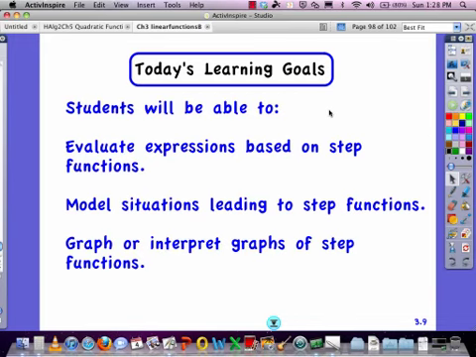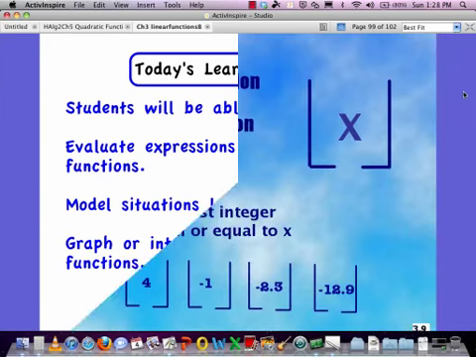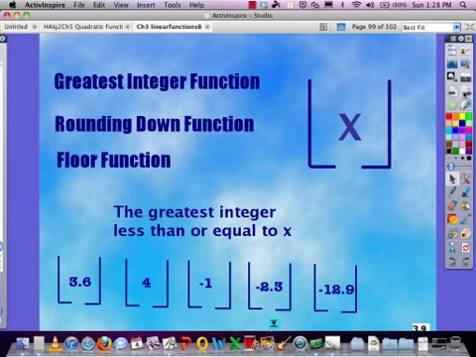We want to model different situations that lead to step functions, and graph and interpret graphs that are actually step functions. Now, in order to start this, we need to discuss a new symbol. Take a look. This looks a lot like our absolute value function, some people will say.